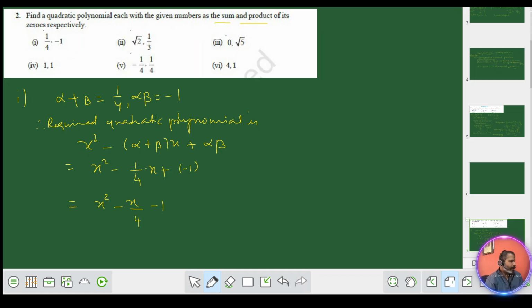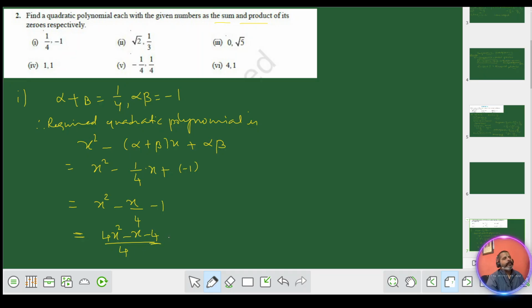We can leave as is. This is the formula. Otherwise, we can make LCM here and equate to 0. That also can be done. How do we do that? Take LCM: 4x square minus x minus 4.